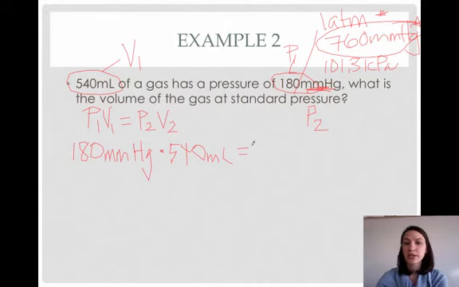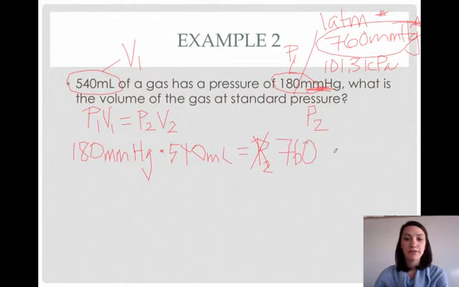My second pressure, which is what I don't know. Oh, what is the volume? I do know my pressure. Just kidding. My pressure is 760 millimeters of mercury, standard pressure. I'm looking for volume. My apologies on that. Times volume 2. We're not sure what our volume is.